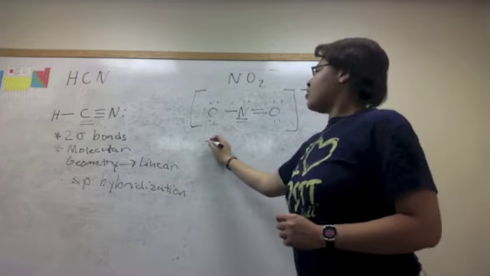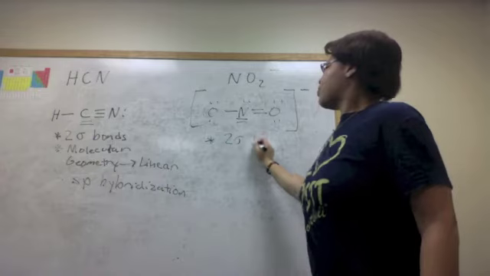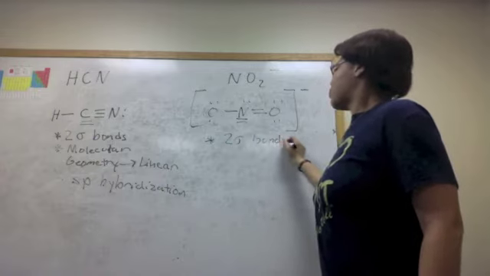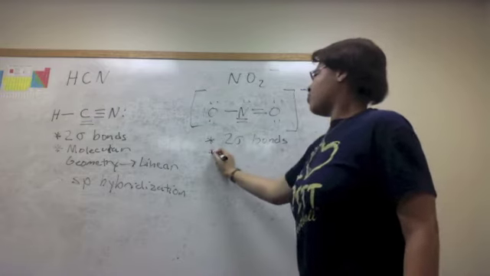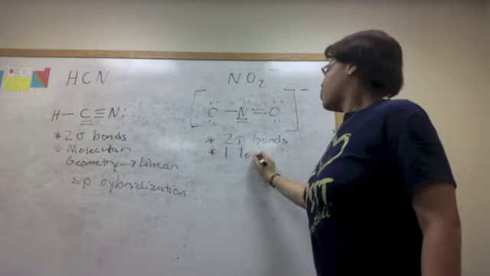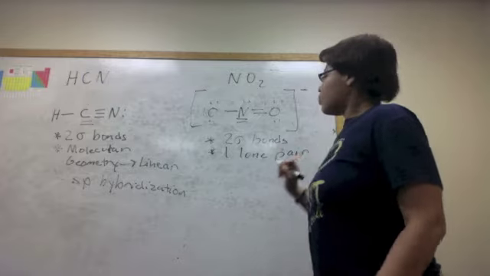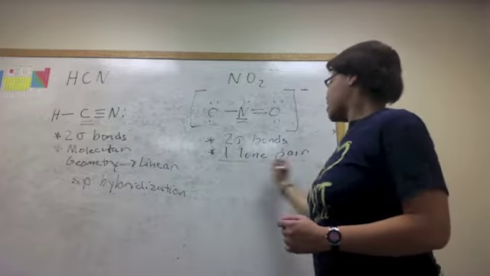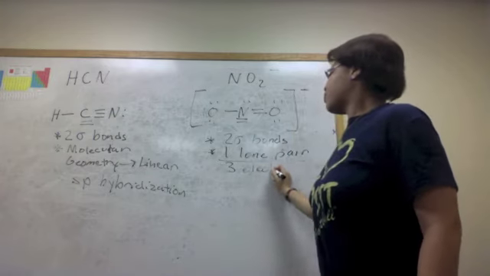Notice that the nitrogen will have 2 sigma bonds, but it also has 1 lone pair. A total of 3 electron groups.